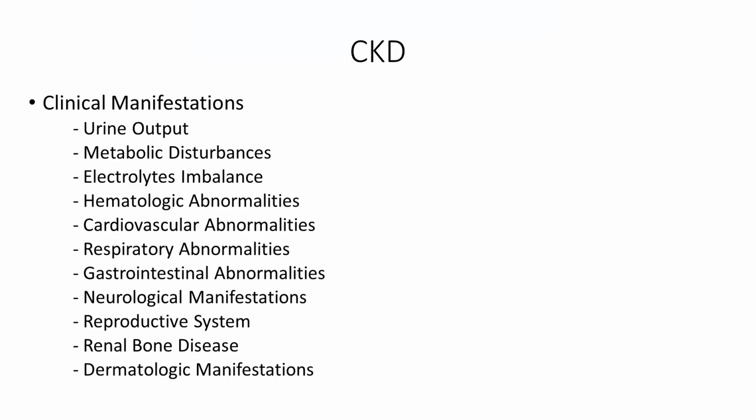First of all, we will discuss urine output, metabolic disturbances, electrolyte imbalance, hematologic abnormalities, cardiovascular abnormalities, respiratory abnormalities, gastrointestinal abnormalities, neurologic manifestations, reproductive systems, renal bone disease, and dermatologic manifestations. Almost the entire body and entire body systems are affected in patients with uremia. So let's proceed.